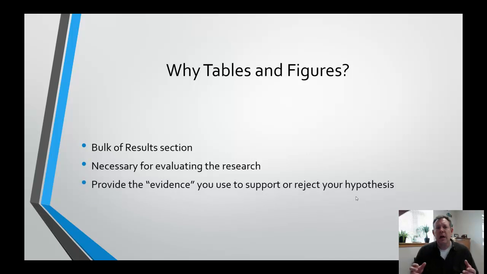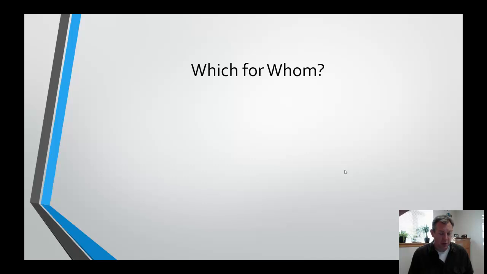And finally, they provide the evidence for supporting or rejecting your hypothesis. Remember that we provide a hypothesis, and then we try to collect evidence that supports that hypothesis or evidence to reject that hypothesis. So that evidence is going to be contained in your tables and figures.